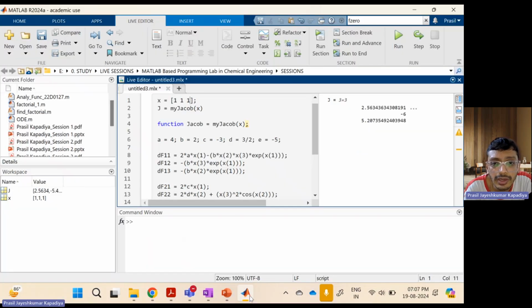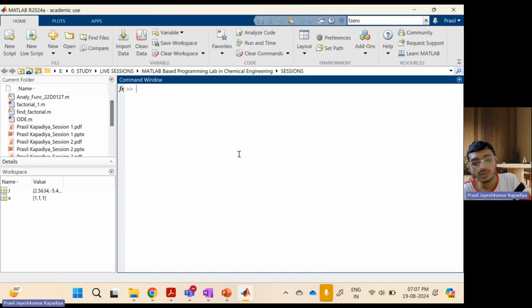So let's do it here. I don't need to save this, so I will not save it. I am supposed to use the fsolve function.